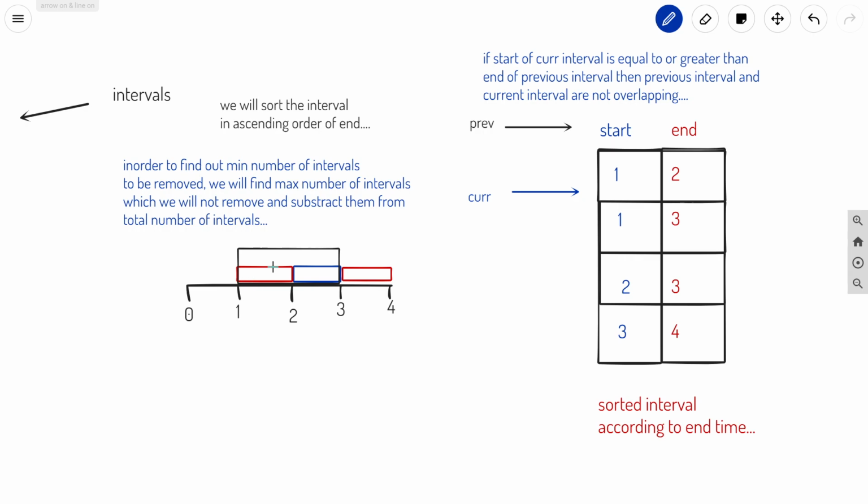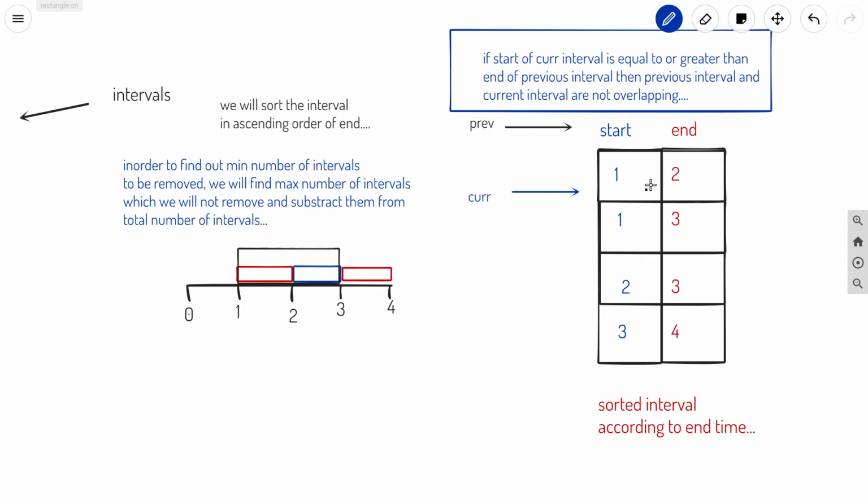As we have done here, you can see that the end time of interval 1 was 2 and the start time of interval 2 was again 2, so it was not overlapping. That's why I have written here, if our current interval is equal to or greater than the end of the previous interval, then the previous interval and current interval are not overlapping.